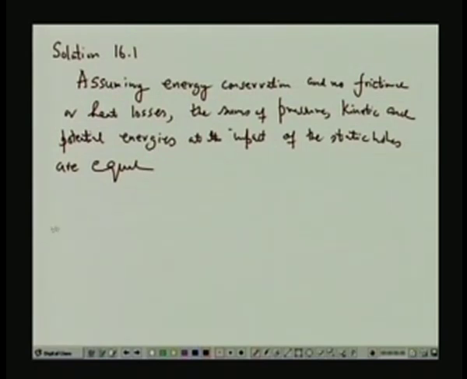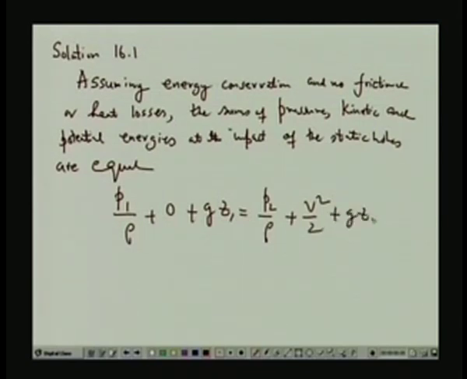Anyway, let me straight away write the equations. P1 by rho plus 0 plus g Z1 equals P2 by rho plus V2 square by 2 plus g Z2. So P2 is the static pressure and P1 is the stagnation pressure.